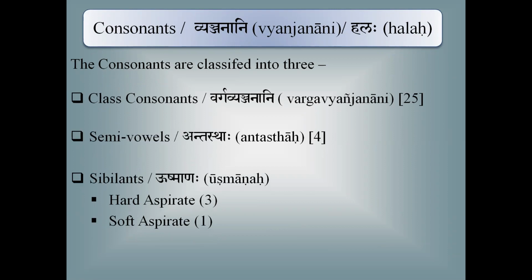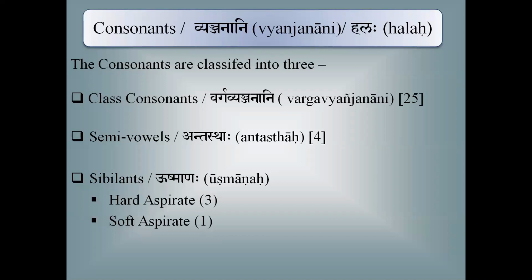So 25 class consonants. Class means group. So 25 consonants, and there are 5 groups, each group having 5 consonants. Therefore, 25 group consonants or class consonants.